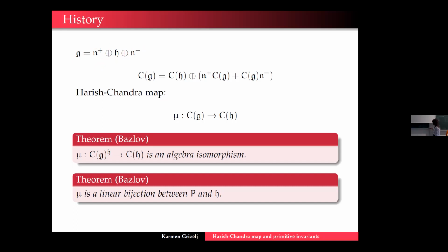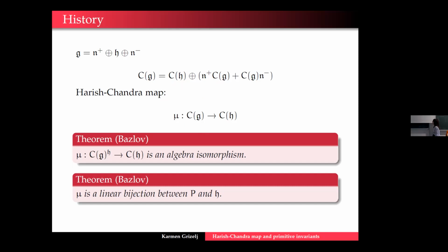So then, using the Poincaré-Birkhoff-Witt basis, we can make a decomposition like this. And then we can just project from the whole Clifford algebra to the Clifford algebra of h, with respect to this decomposition, of course. Such a map will be called the Harish-Chandra map. Unfortunately, this map is not a homomorphism.